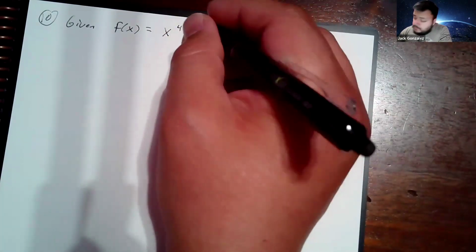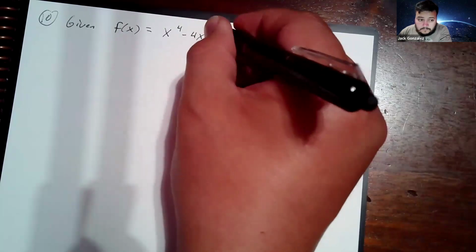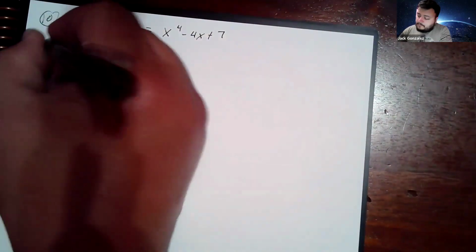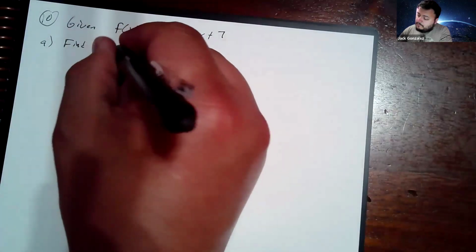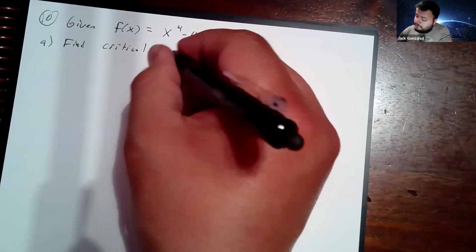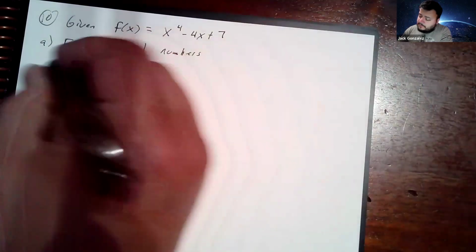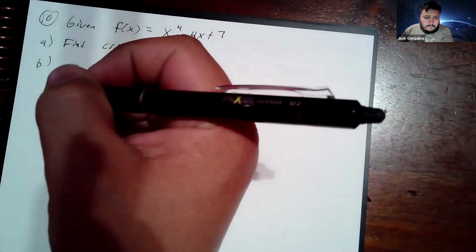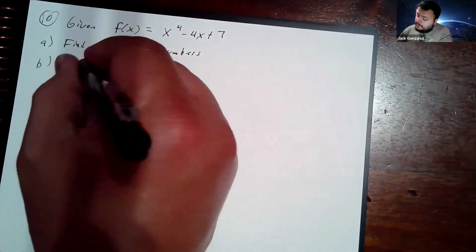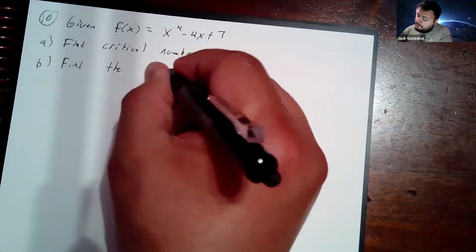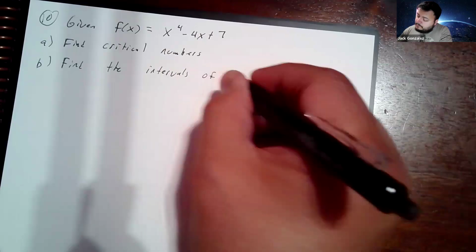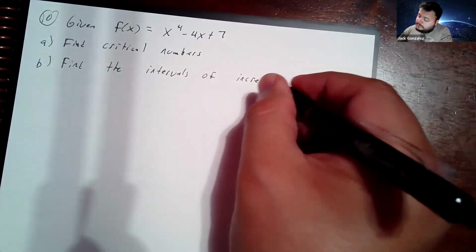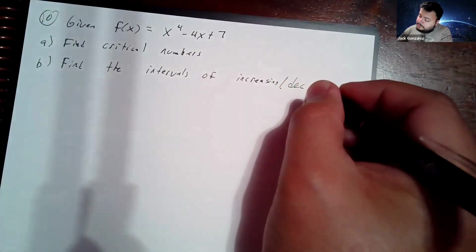So given this function, next to the 4th, find the critical numbers first, and then find the intervals increasing, decreasing.